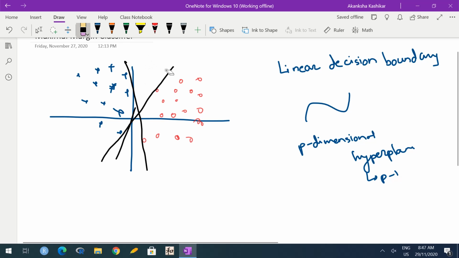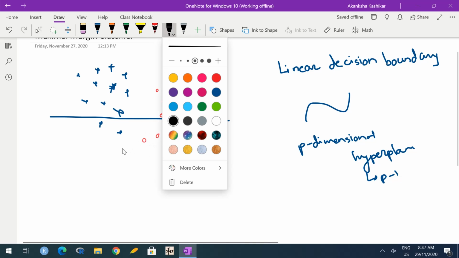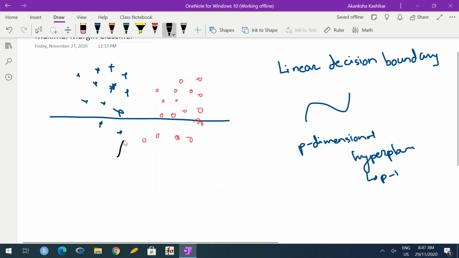See, there are many lines here, and we said that all these are possible lines. So what we will try to do is we will define the margin concept. So let me draw one single line again, and we'll define with respect to that line. Suppose this is one straight line. Now what we will do is we will compute distance of each point from this straight line, perpendicular distance.